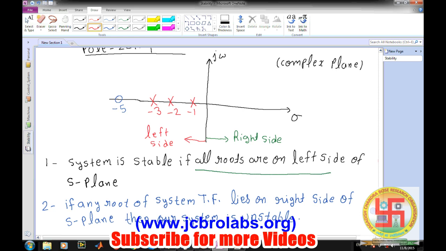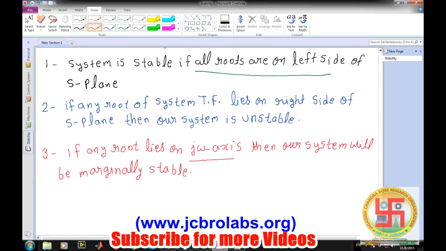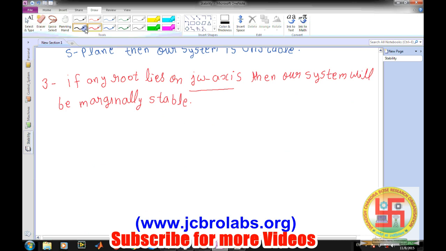So let's take an example. If I give you this example, we have a transfer function. This is our closed loop system, with plus and minus at the summing point.